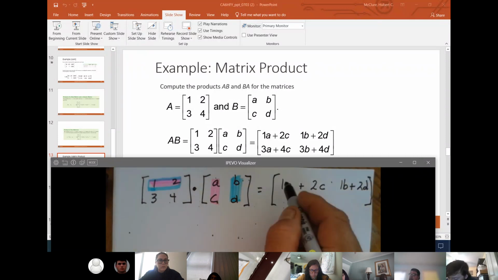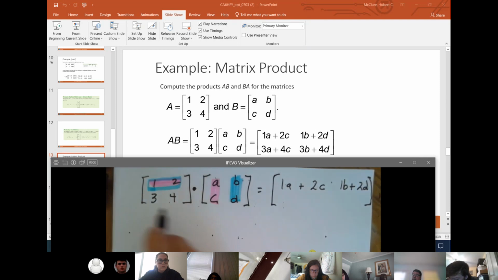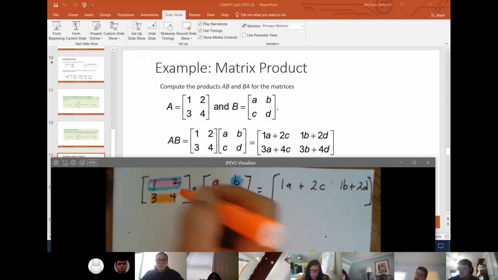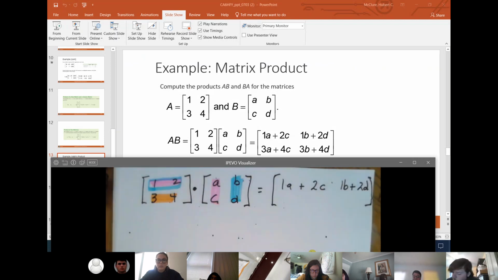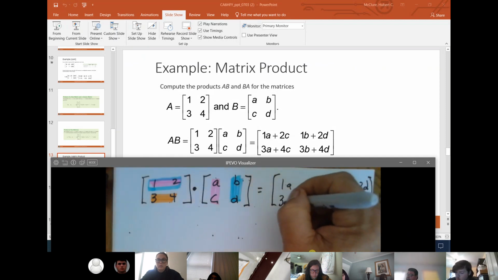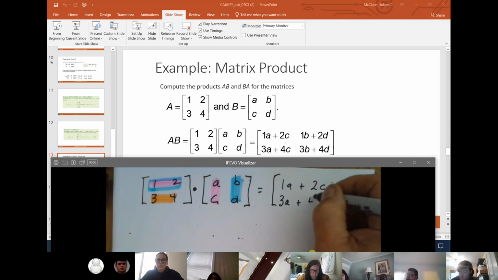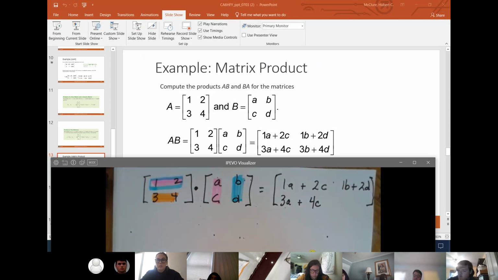Three A, so you're going to take 3 and 4 and multiply by, so that's going to be 3A plus 4C, and then one more color.